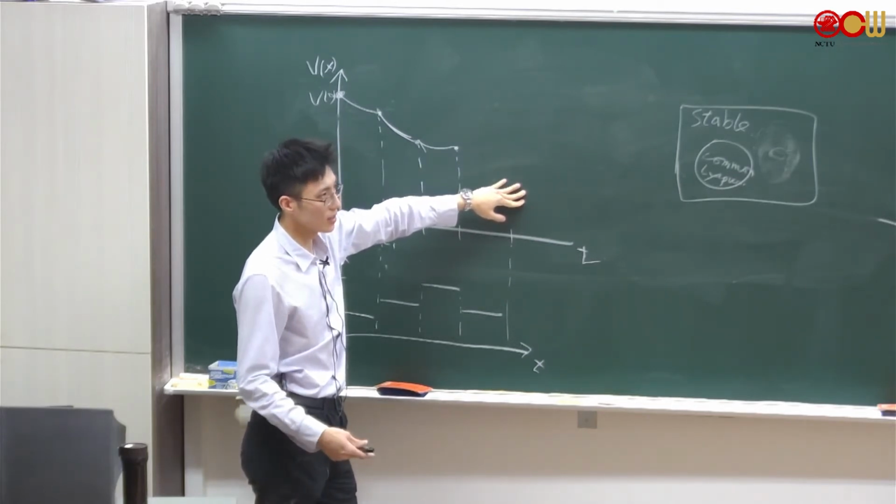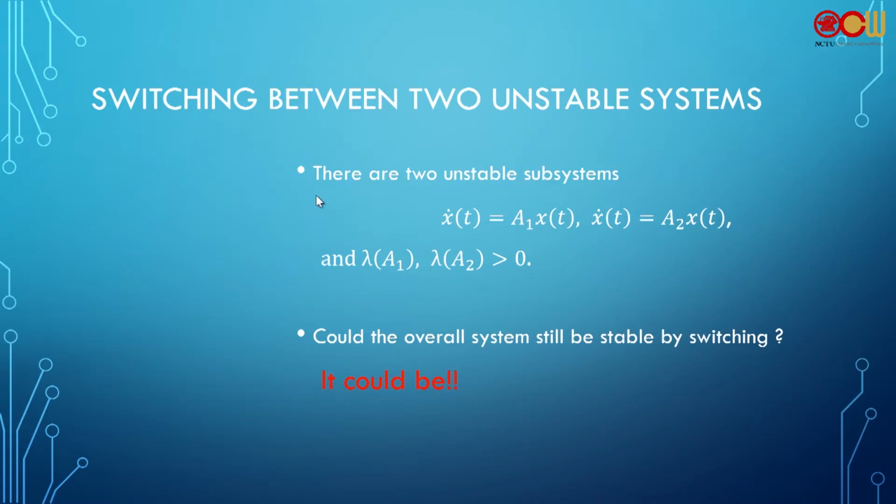And the answer is yes. For example, if you have two unstable subsystems, x dot equal to A1x and A2x, where all the eigenvalues of A1 and A2 are positive, both systems are unstable. Can the overall system still be stable by appropriately designing a switching condition?